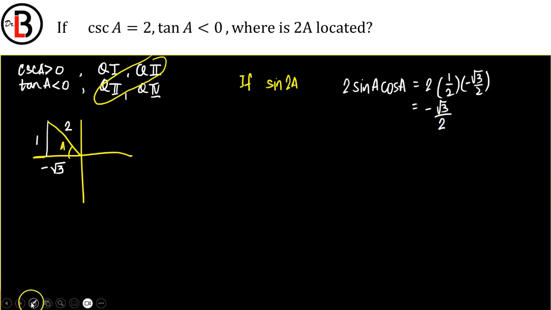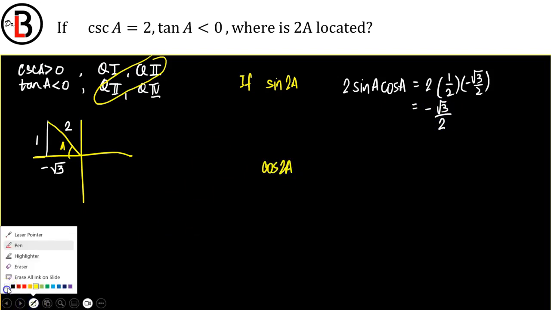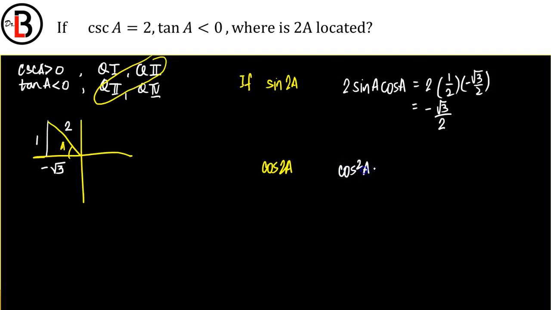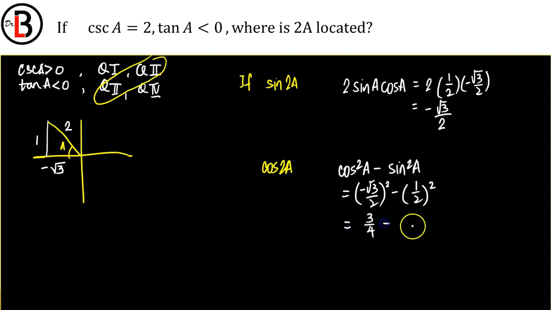And then let's try solving for the value of cosine 2A. You know that cosine 2A has a formula: cosine squared A minus sine squared of A. Cosine squared would be negative square root of 3 over 2, but then you square that, minus sine squared is 1/2 squared. So this is 3/4 minus 1/4. So all in all, you'll have 2/4 or simply 1/2.